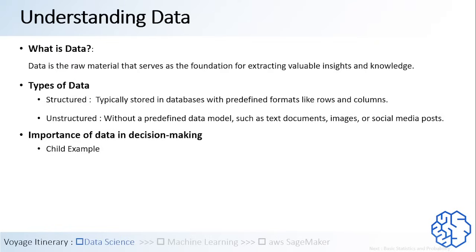Now, importance of data in decision making. There is one example that we are trying to understand, where we are trying to create an analogy between this whole technology of generative AI and machine learning, and a child. So think of it, all of us have been a child once, right?